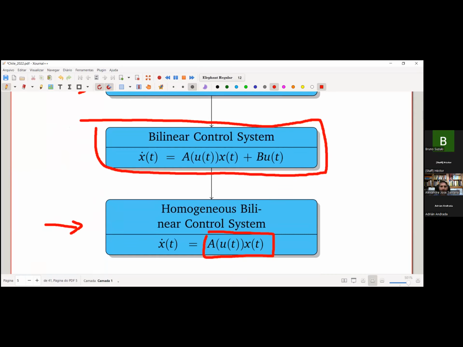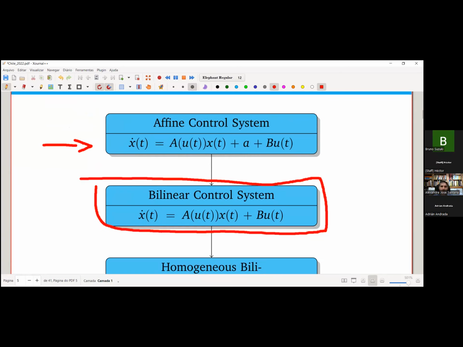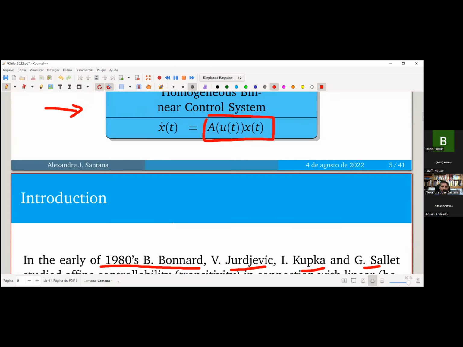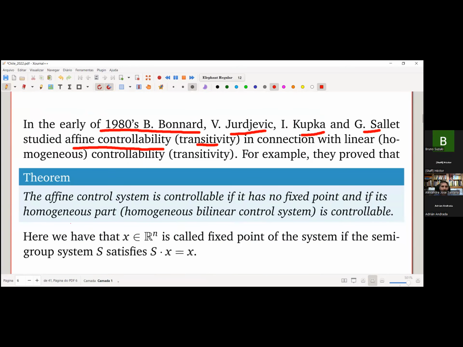For example, if the homogeneous bilinear control system is controllable, then the affine control system is controllable, or we can have an equivalence between the controllability of the affine control system and its bilinear or homogeneous part. The answer for this question is this theorem here.